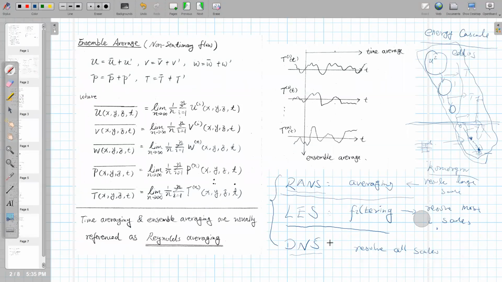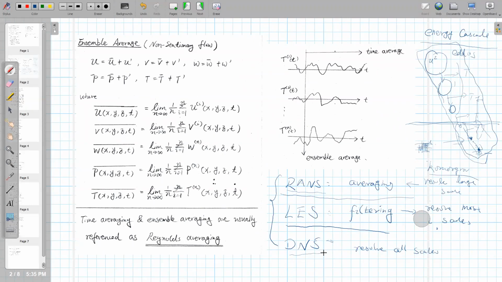And these days, more and more people are doing DNS, direct numerical simulation, because of supercomputers. We have supercomputers where you can use like 10,000 CPUs, 10,000 terabytes of memory, so that you can have very fine, great scales in our finite difference or finite element method.